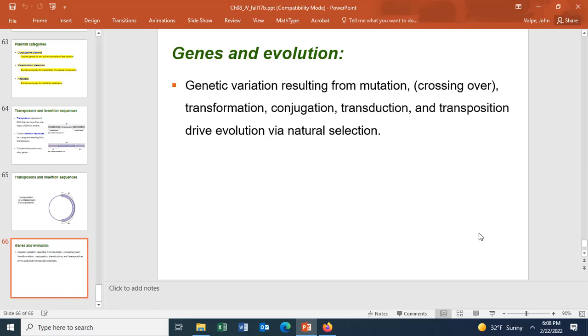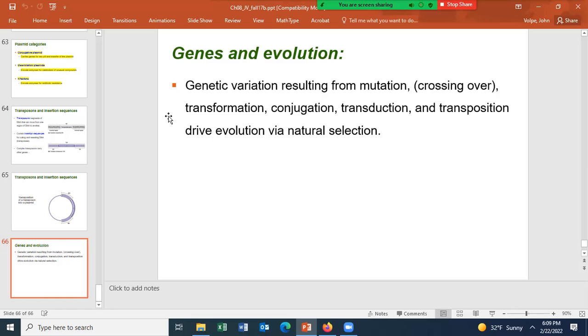Crossing over is important in the genetic variation of the species. It doesn't add new genetic variation, but it puts new combinations of genes together. Transformation, conjugation, and transduction are a way for a cell to obtain new genetic variation. But this new genetic variation has to exist in the population.